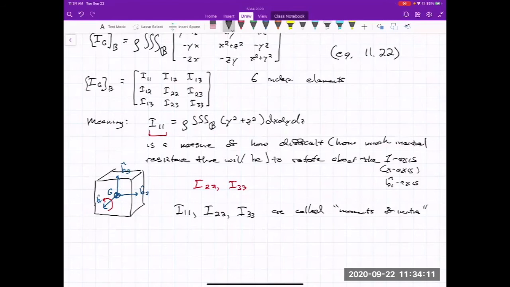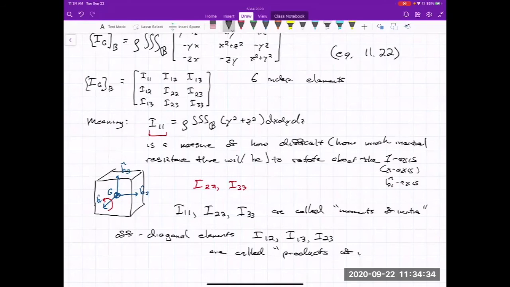The off-diagonal elements, so there are only 3 independent ones, I12, I13, I23, are sometimes called products of inertia. And they're harder to interpret.